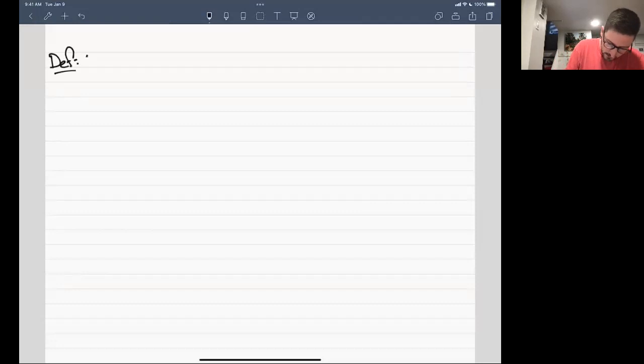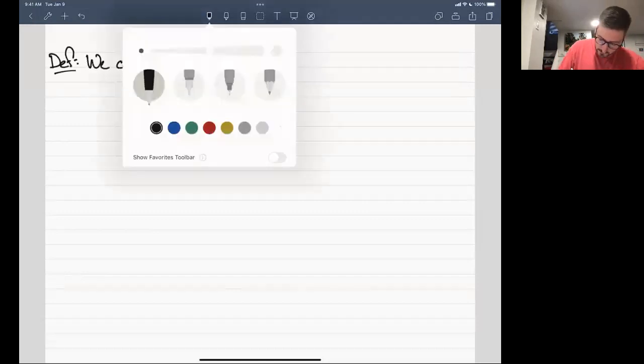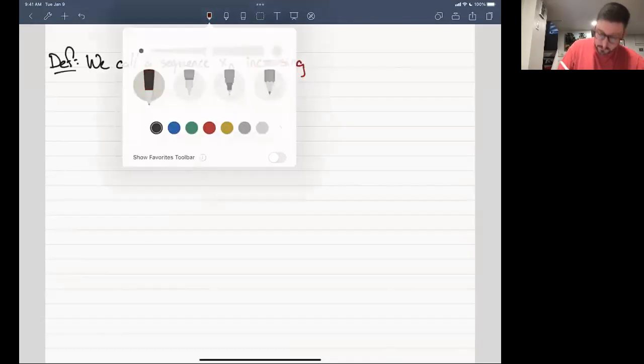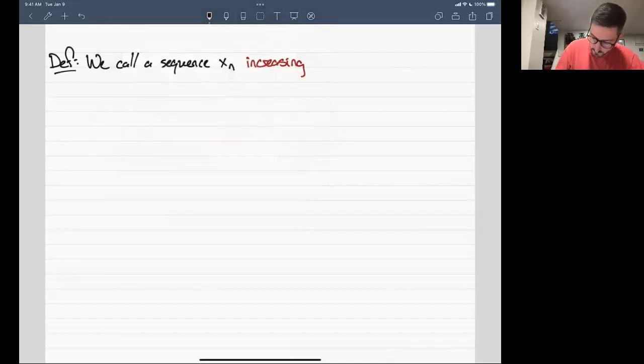We're going to say we call a sequence xn increasing if each successive element is bigger than the previous one. So provided xn is less than or equal to xn+1 for all n greater than or equal to 1.